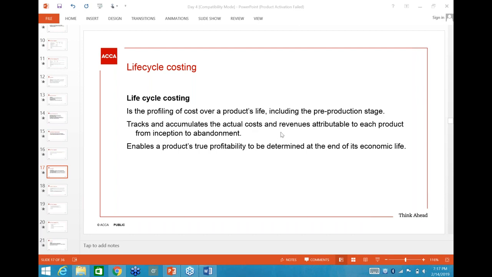It tracks and accumulates the actual costs and revenues attributable to each product from inception to abandonment. So ideally from pre-production to even after sales, it enables the product's true profitability to be determined at the end of the economic life. So the summary is, most of us are used to preparing accounts for a year, but you and I know that generally, especially when businesses start, they might not be very profitable.